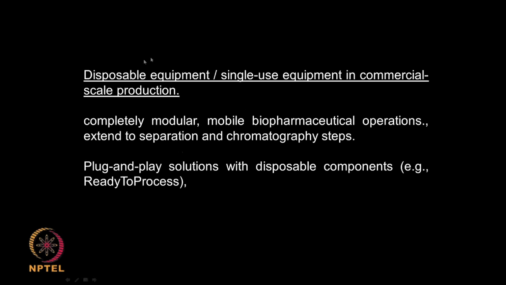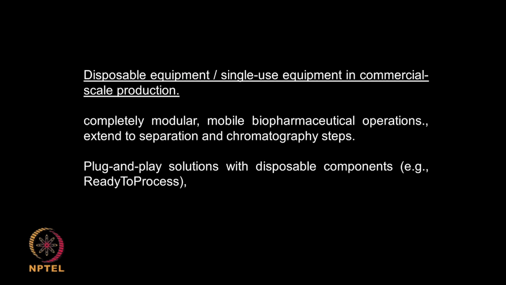Okay. Then comes disposable equipment and single use equipment. I think industries are also moving towards that. Can I use it once and then throw it away, because then I do not have to think about cleaning, and I do not have to think about whether there is going to be cross contamination. So disposable reactors, disposable separating columns, single use equipment at commercial scale, completely modular, mobile biopharmaceutical operations, plug and play solutions with disposables. So ready to process.